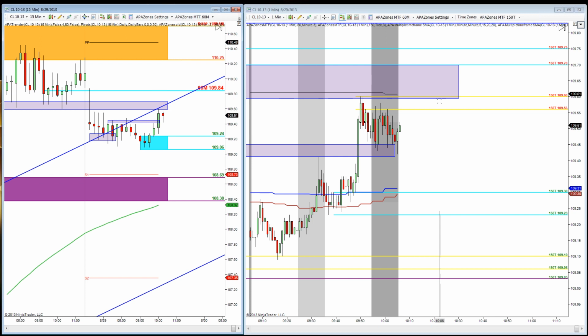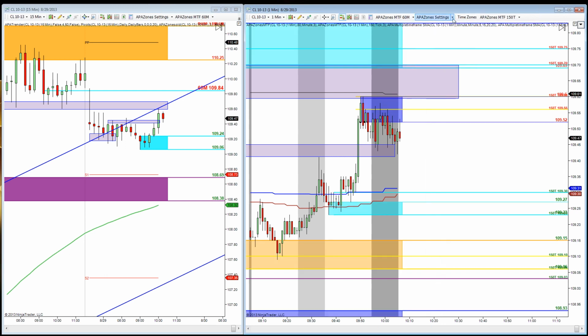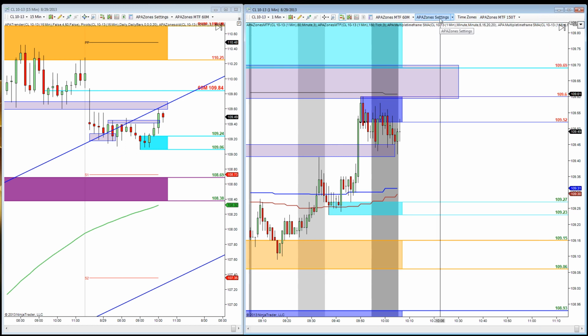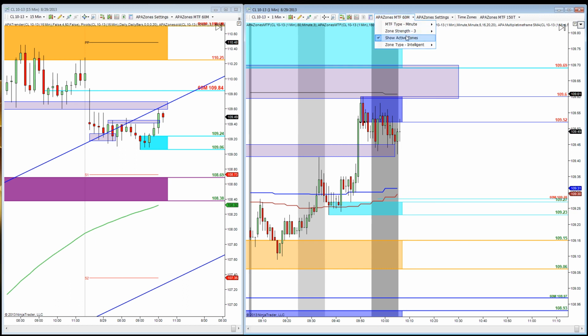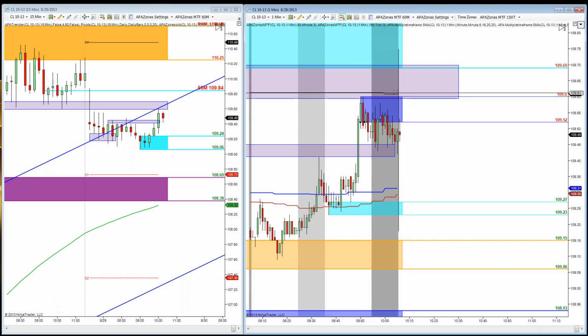So this thing is feeling like it's failing to break this. It looks like we've had a new demand zone on the current time frame come into play. Okay, so that's what that says as far as our consolidation is concerned.